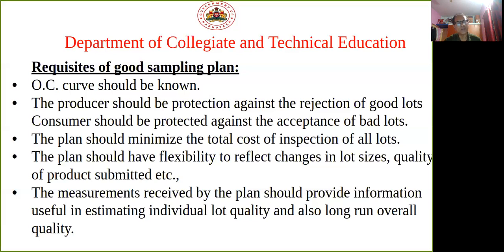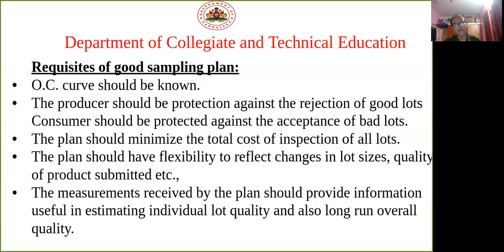Next, the fourth requirement, or characteristic, of a good sampling plan is that the plan should be flexible to reflect changes in the lot size. As I've told you, we can change the lot size, we can change the sample size. So there is a flexibility here.